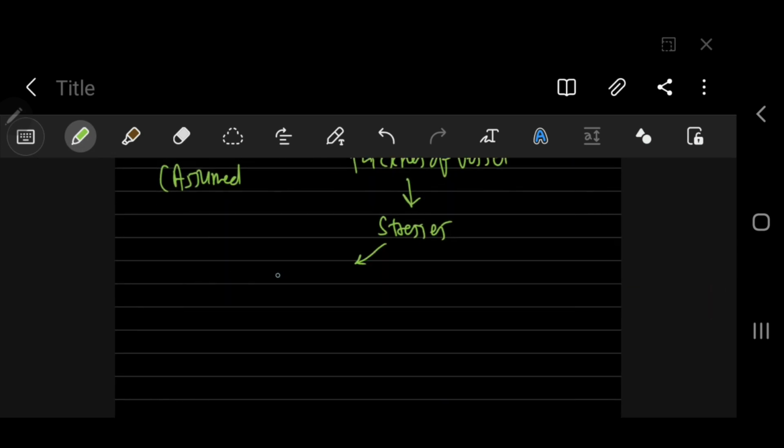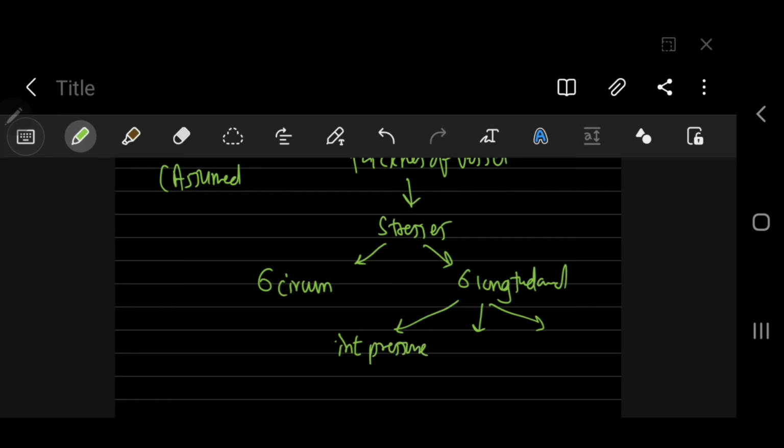The stresses are of two types, the circumferential stress and the longitudinal stress. For calculating longitudinal stress, we have considered three main factors: the stress generated due to the pressure of the gas present in the cylinder, that is internal pressure; second, the weight of the pressure vessel; and third, the wind load.